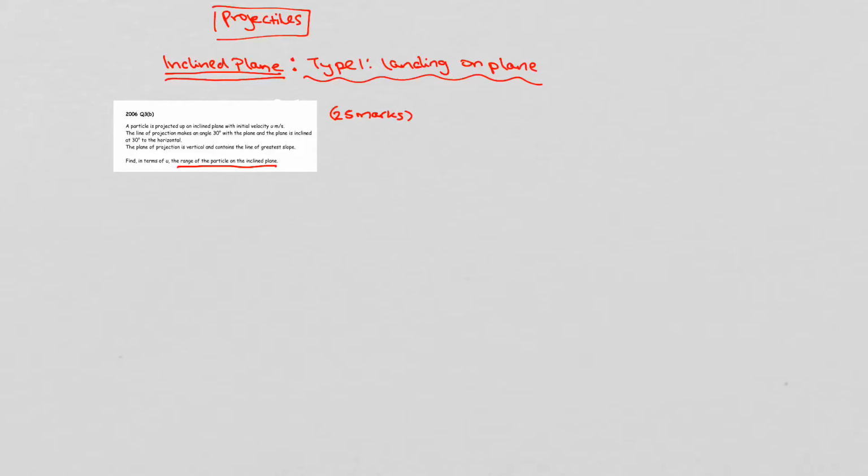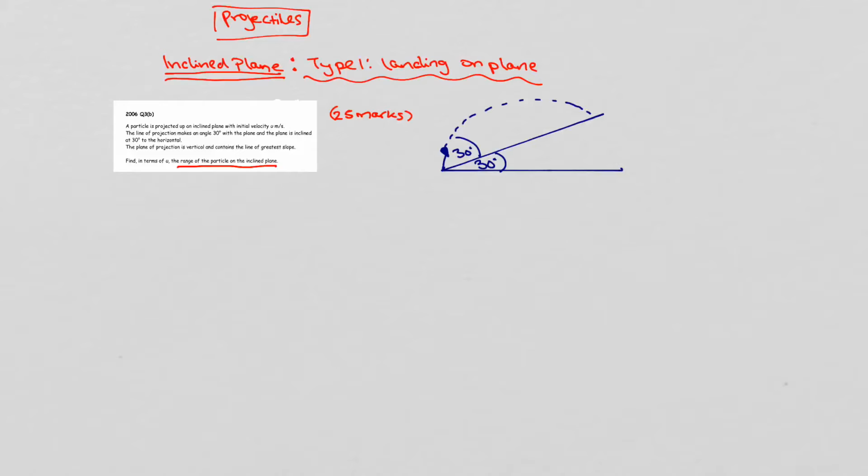If we sketch a diagram of what's going on, first of all we have our plane, and we're told the plane is inclined at an angle of 30 degrees. Then we have the plane of projectile as vertical, so it's going up in the air with a projectile path at an angle of 30 degrees.